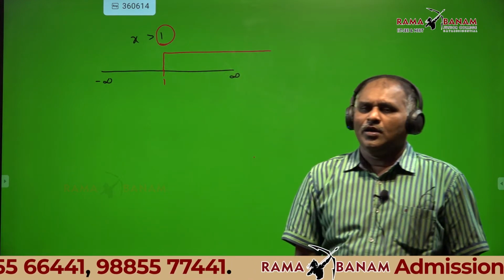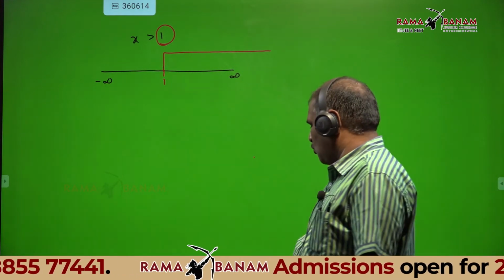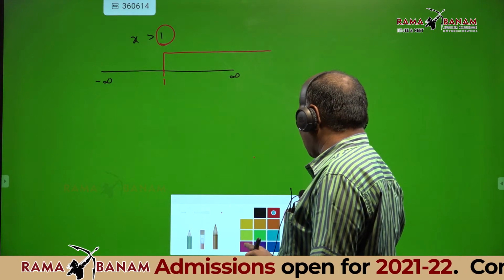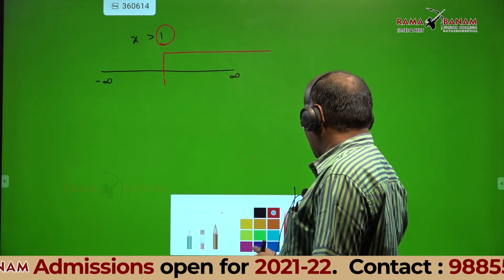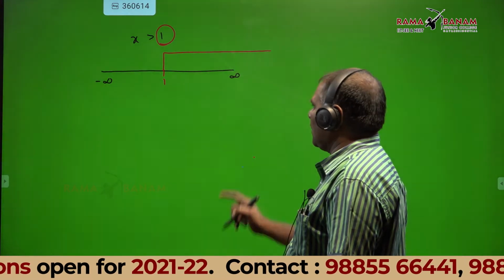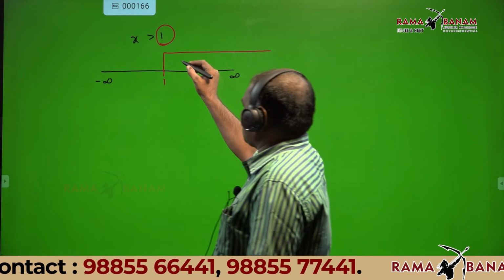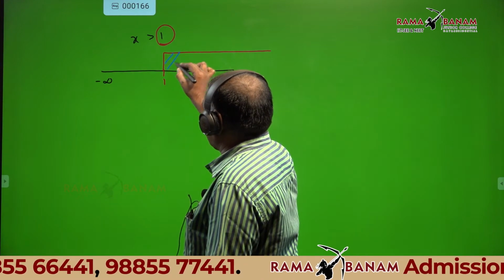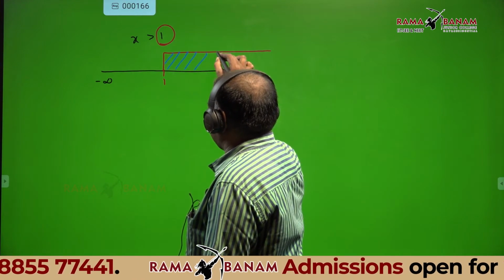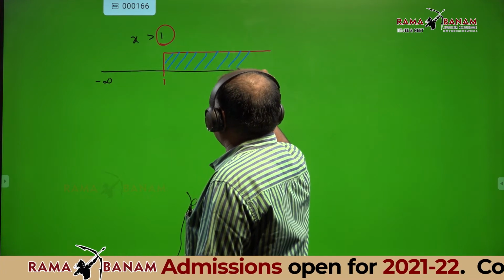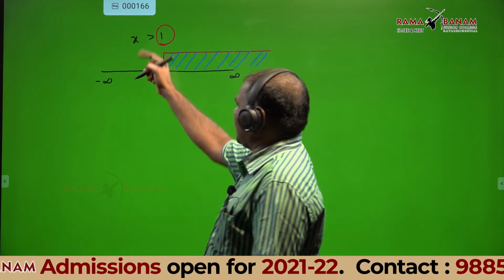By observation, the region is on the right hand side. In the right hand side, this is the total part.